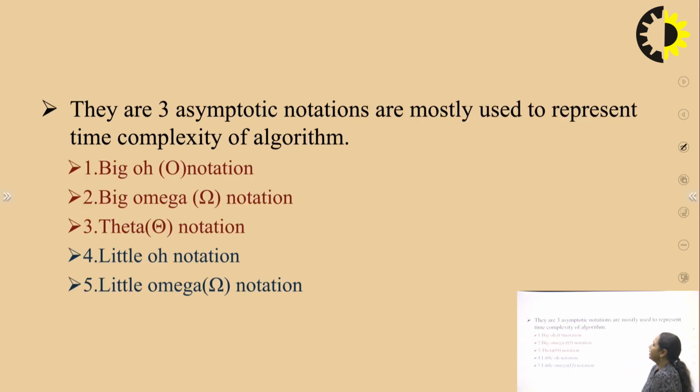We have three asymptotic notations which are mostly used: big O notation, omega notation, and theta notation. There are two others, little o and little omega, but these are rarely used. Majorly we use these three notations: big O, big omega, and theta. One by one we are going to discuss these notations.